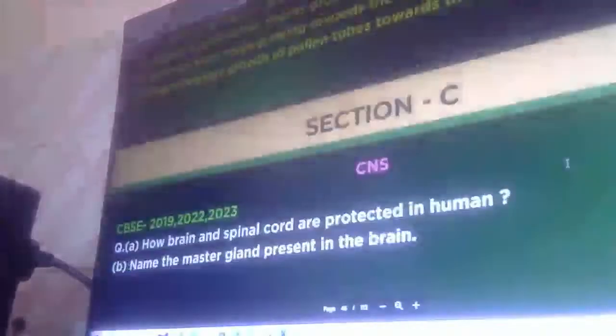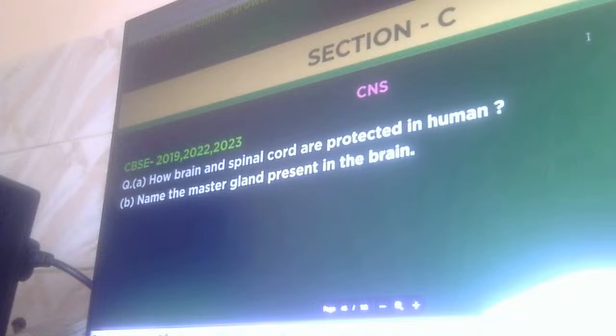Correct. CNS. This is what I told earlier. How are they protected? The brain has a box known as the skull, and it has liquid fluid in it to prevent shock, for shock absorption. What is the fluid name?